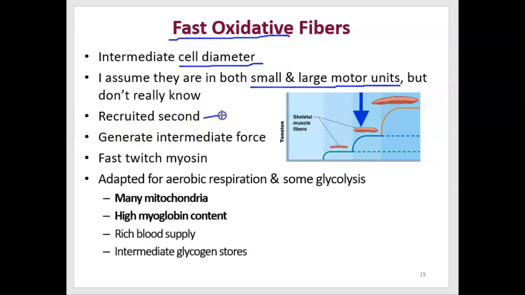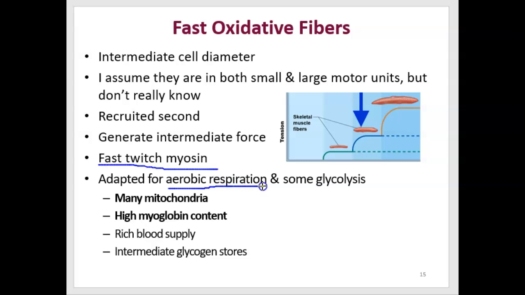They're recruited second, and they generate an intermediate amount of force, and their twitches, of course, are intermediate in length. They do have fast twitch myosin, so that means they can break down ATP quickly, which is more like glycolytic, but they're adapted for aerobic respiration if they need to use it.